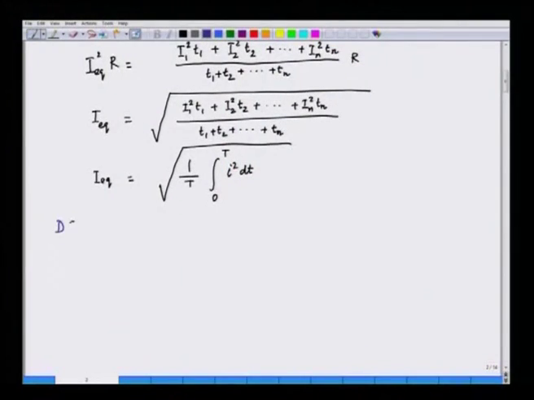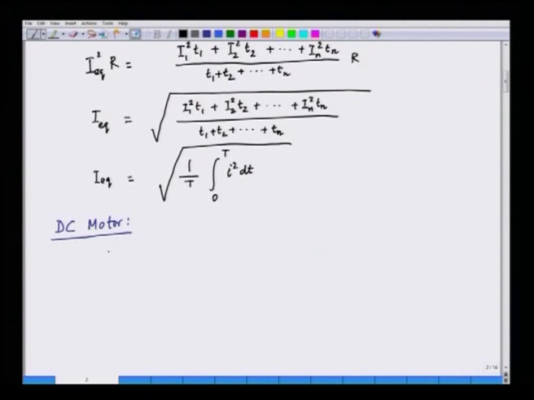So, let us take one by one. In DC motor, if we know the equivalent current IEQ, how shall we find out the rating of the motor? So, first let us take the example of a DC motor. In DC motor, we have the rating of the motor.